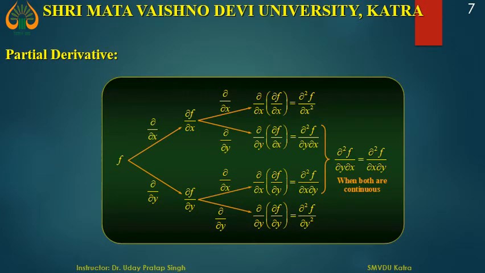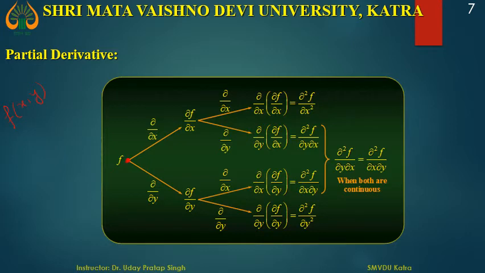See this diagram. This is a very useful diagram throughout the course when we discuss partial derivative and total derivative, right? Suppose f is function of x and y, right? Then see, this is f.